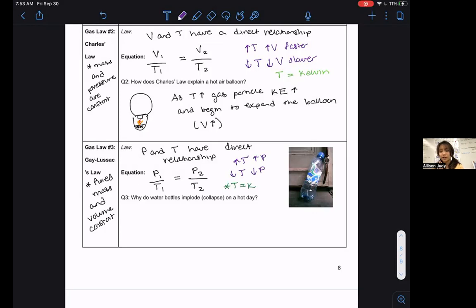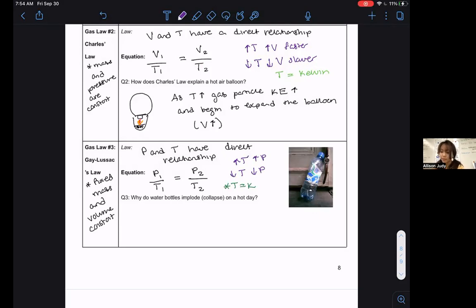Gay-Lussac's law for gases tells me that when my gas mass or amount is fixed and the volume is constant, I see a direct relationship between pressure and temperature, where if I increase the temperature, the pressure due to my gas will also increase. When I decrease the temperature, the pressure due to my gas will also decrease.